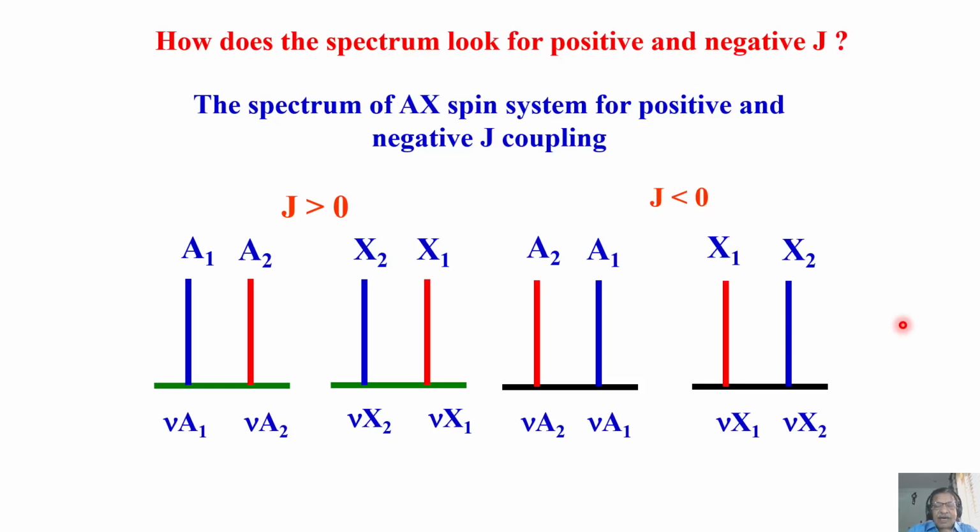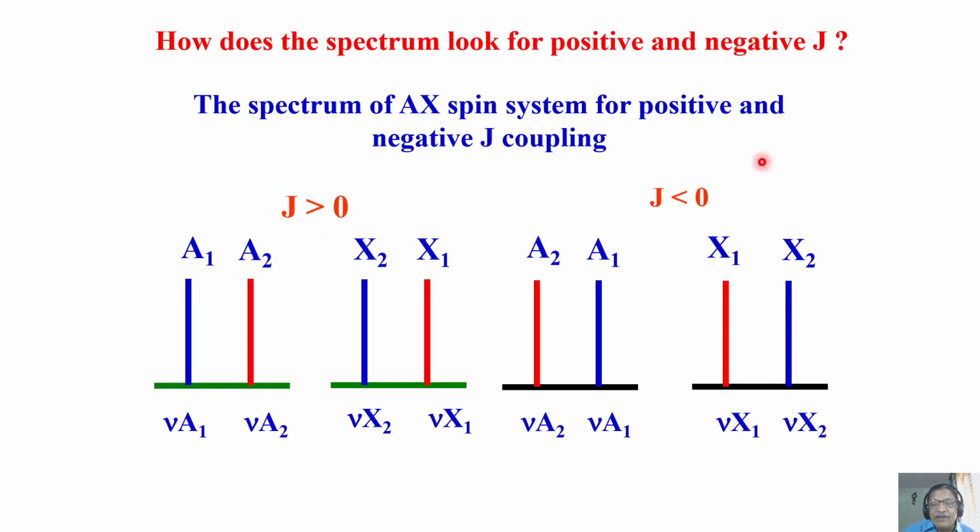Except for the coloring, which I added to make you understand, you will not find any difference, because in a real 1D spectrum there is no coloring of the transitions. Just to make you understand, I gave one transition of A and one transition of X a different color for J greater than 0.